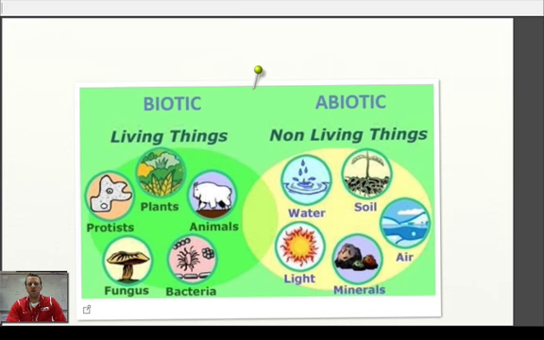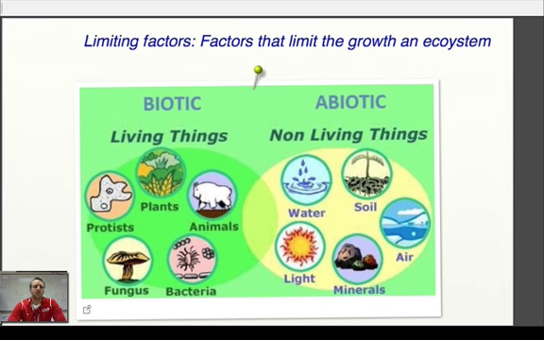Limiting factors are factors that limit the growth of an ecosystem. That definition goes hand in hand with the word itself, limiting, so it limits the growth of an ecosystem. And there are two different types: the biotic over here and the abiotic over here. Looking at biotic factors, sorry about my squiggly arrow, I'm not very artistically gifted. Biotic factors are limiting factors that are living.